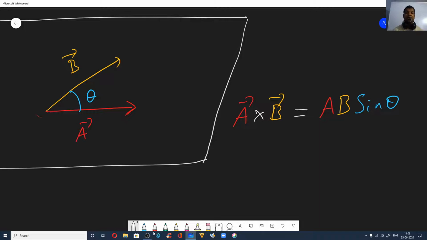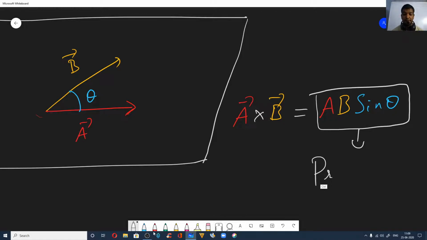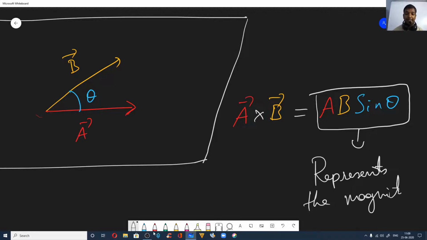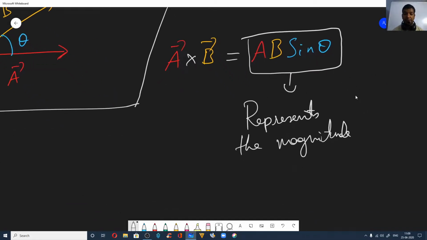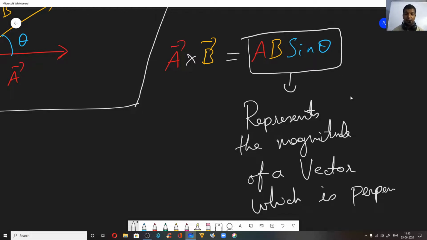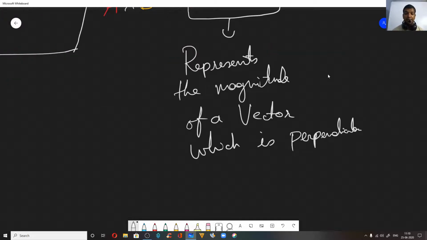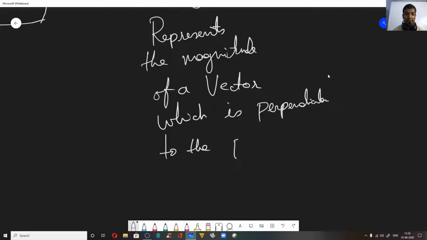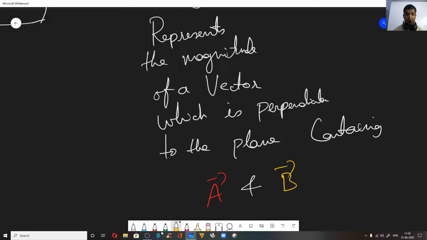This magnitude, A B sine theta, represents the magnitude of a vector which is perpendicular to the plane containing A and B. Better to write this in your notes: the plane containing vector A and vector B. I hope you understood.